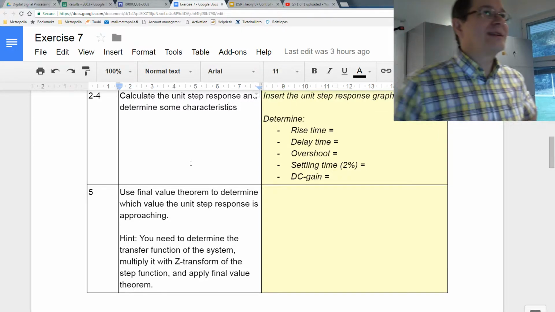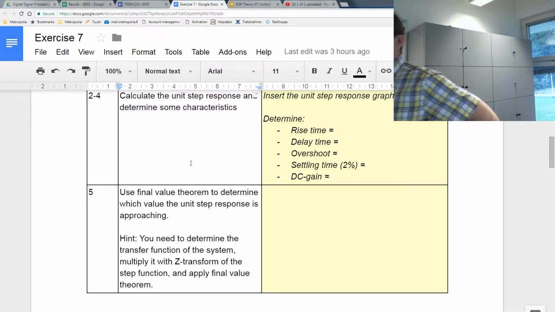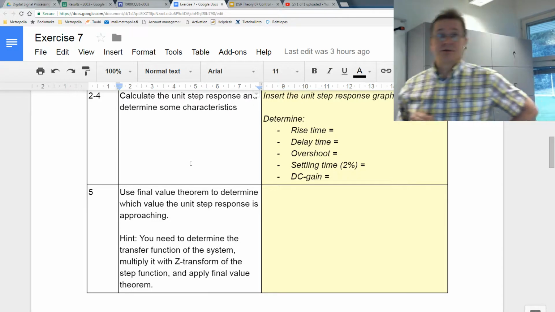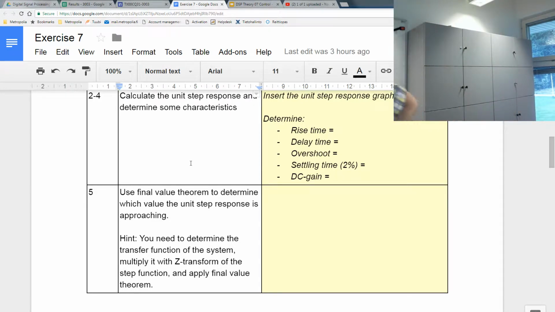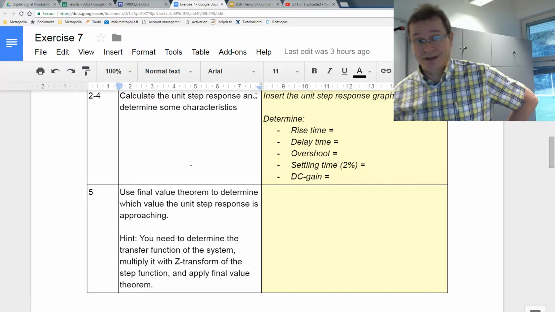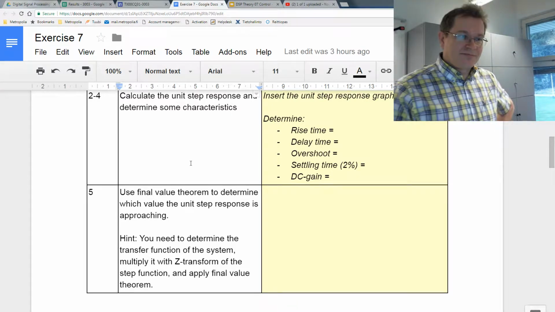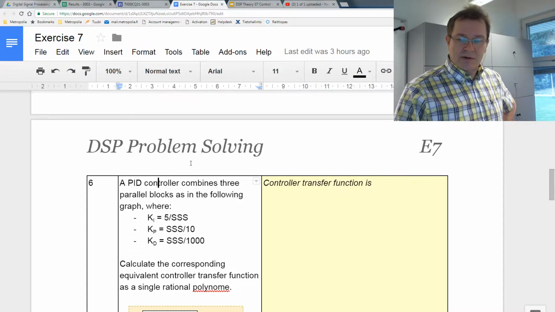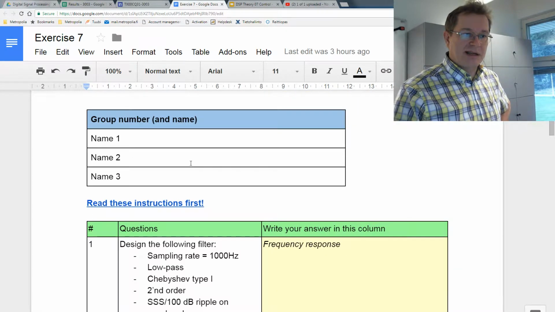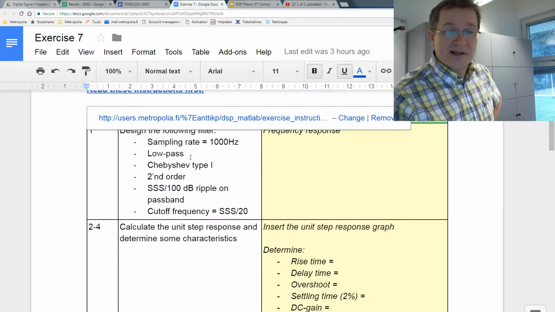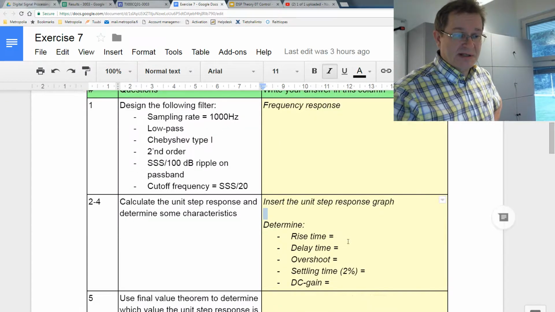So you get estimate of the DC gain that way, but the final value theorem actually gives you the real DC gain. There's also a shortcut on that one, but anyways. All right, so that was the analysis tools basically for systems, and there we are interested about the step responses.